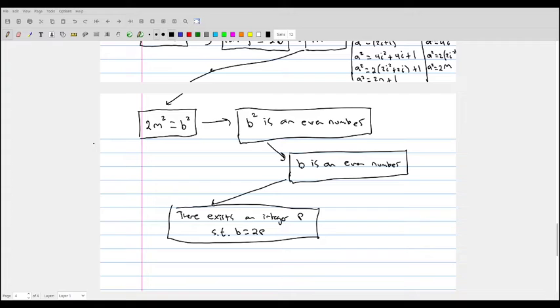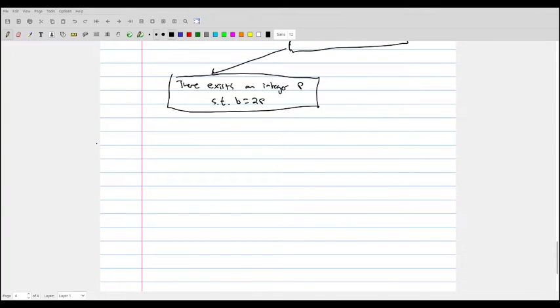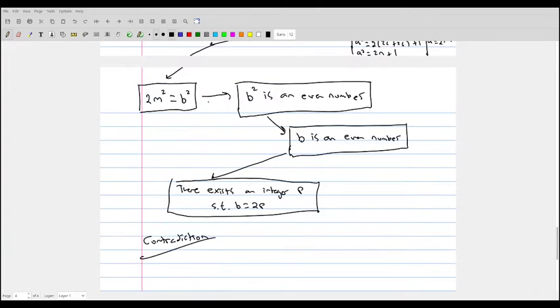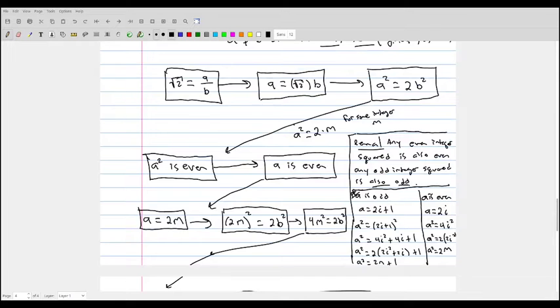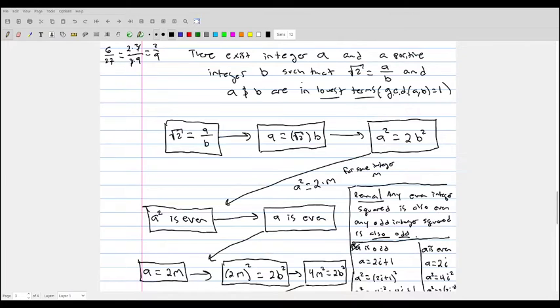And sure enough, we have derived a contradiction. Think for a little bit about where exactly this contradiction is, but the contradiction should be directly present here. The main thing I mentioned earlier has to do with the GCD, right?